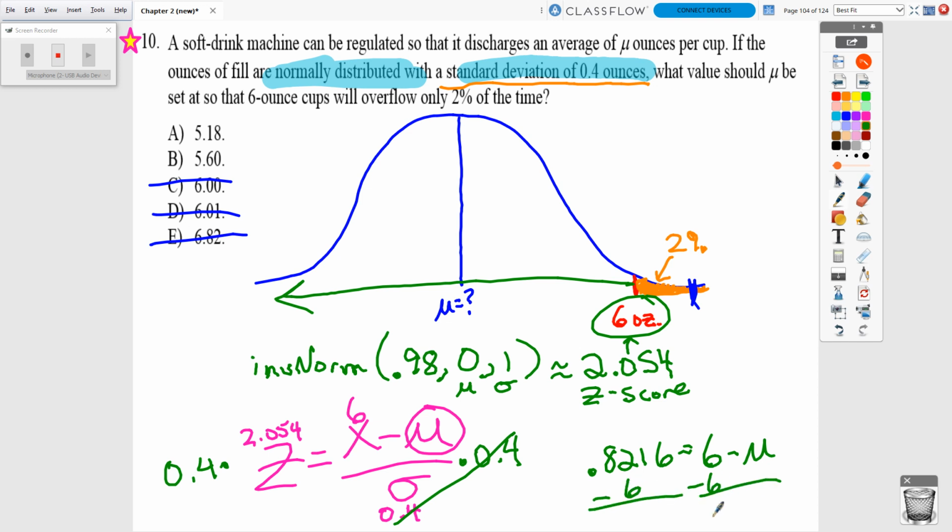If I subtract the 6 over, then negative mu equals negative 5.1784. Let's just round to 2 decimal places: negative 5.18. Both sides are negative, so if I multiply or divide both sides by negative 1, then the mean is 5.18. And even just guessing and checking with your multiple choice answers, you would have discovered that it was the first one.